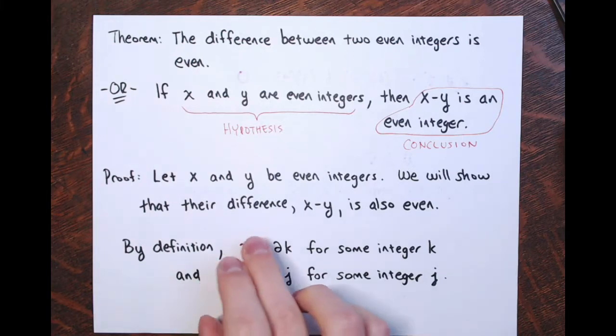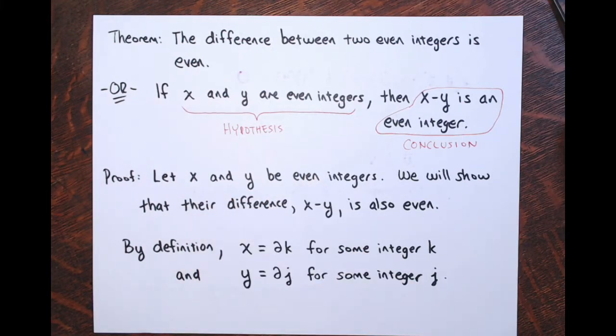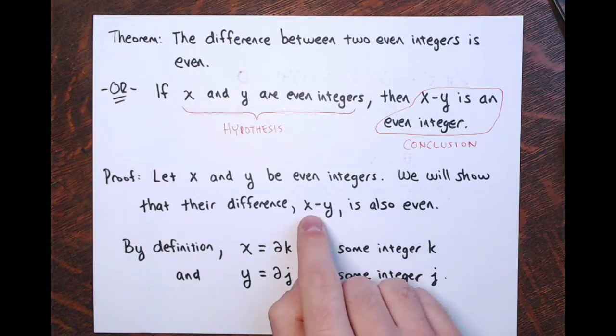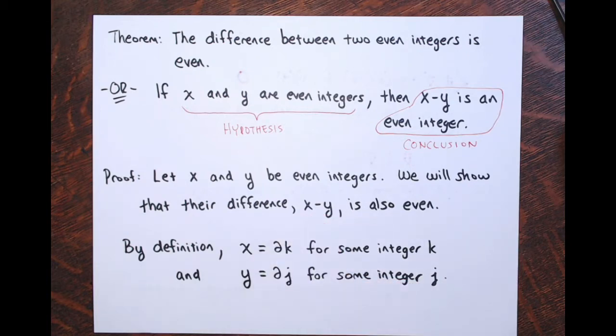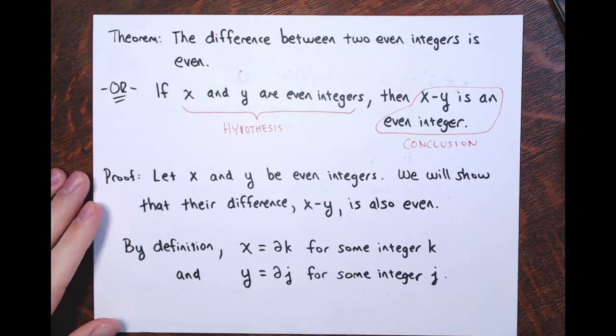Now, I start out with the hypothesis. Now I'm trying to show that x minus y is even. So I want to eventually get into the expression x minus y. Well, to do that, I'm going to plug these expressions into the expression x minus y and see where that takes us. See if that helps me show that x minus y is also even.